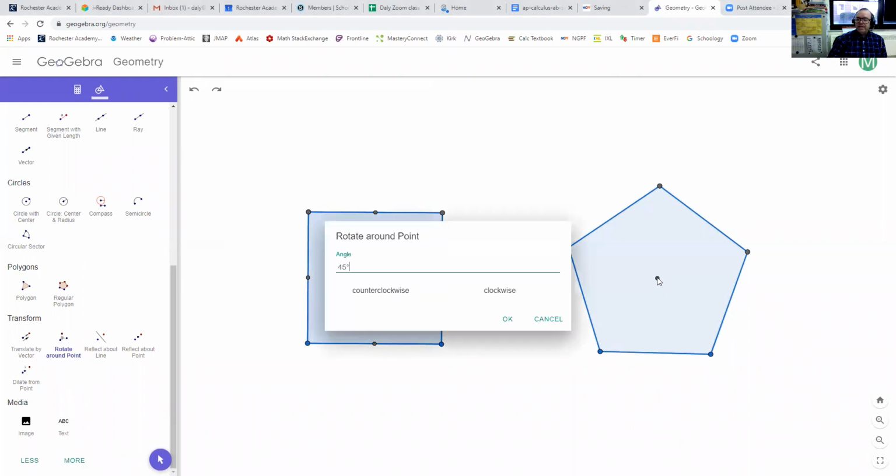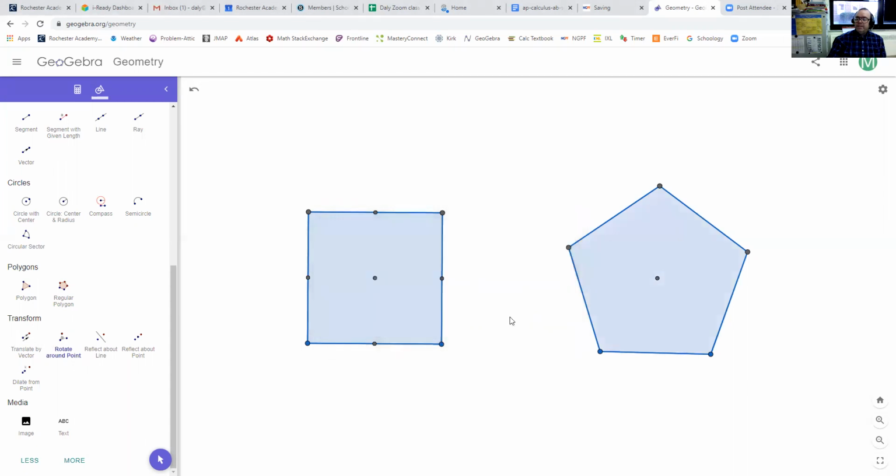It turns out that the correct answer is 72 degrees. If I put in 72 degrees, that just changed color, which means that the image of this pentagon lies exactly on top of the first one.